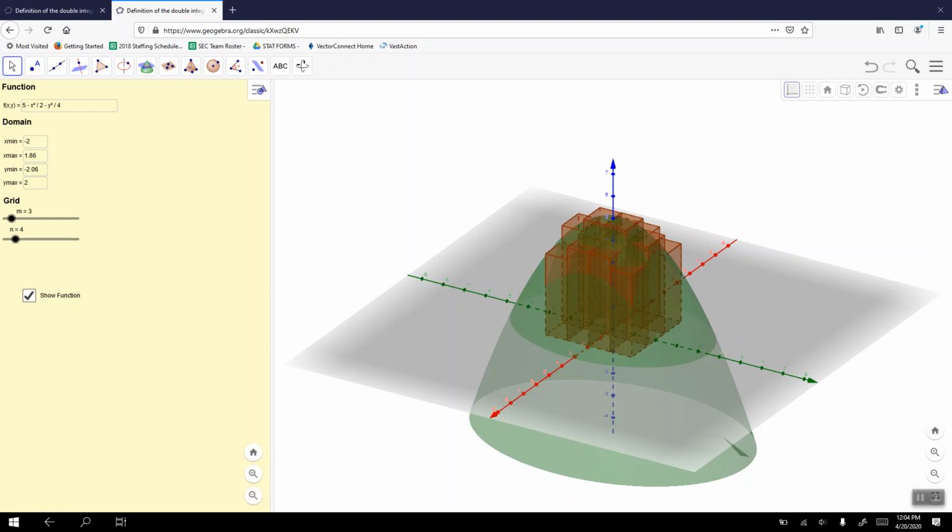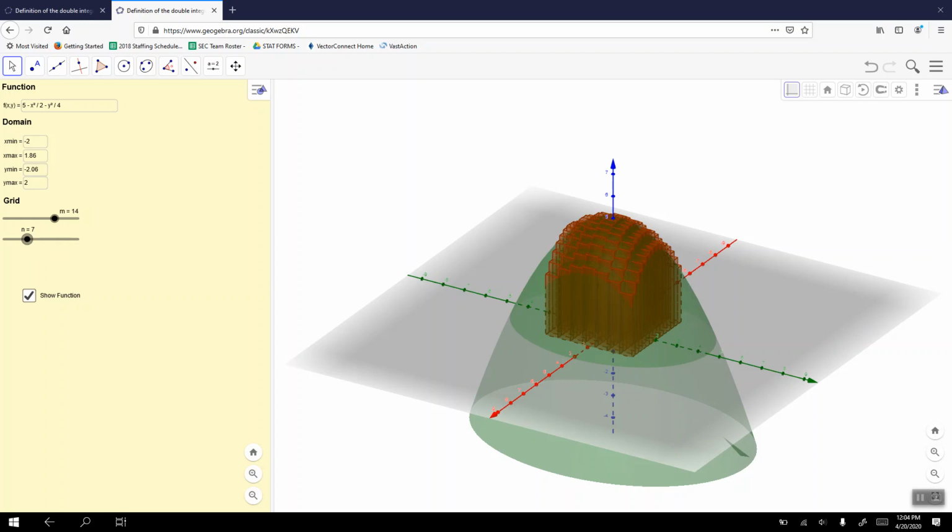Interesting. Now, as you probably guessed, the higher that you go with your subdivisions, look what this is doing. This is actually creating a very good approximation of the volume that exists underneath this surface, but its constraint is the x and y plane.